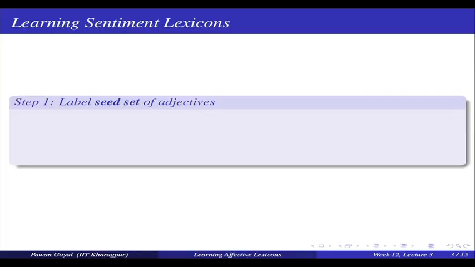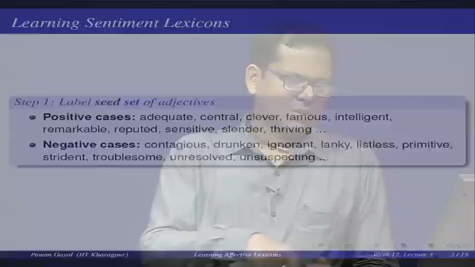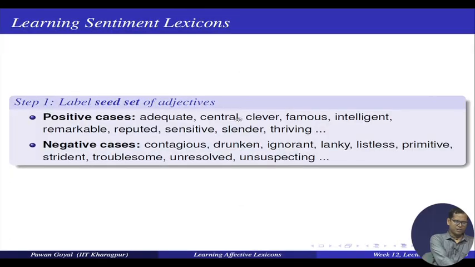I start with some set of adjectives that I can label manually, or that can be obtained from some websites that give me positive and negative adjectives. Suppose I got some positive cases: adequate, central, clever, famous, and negative cases like contagious, drunken, ignorant, and so on. Now I go to my corpus and search these with some connectives added.